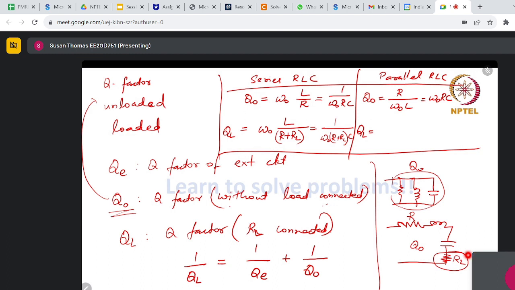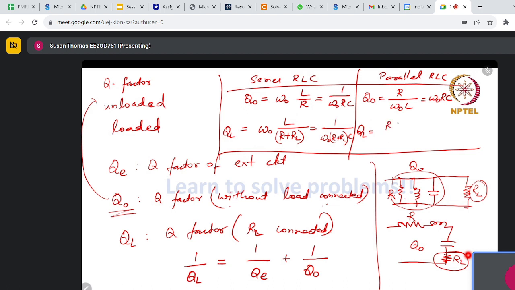So now coming back to parallel RLC. So how do we write? As I said, this is the parallel RLC. To this, I'm going to connect a load RL. You know that this RL is going to come in parallel with this. So we need to look at a parallel connection of R and RL. So how do we rewrite this expression?